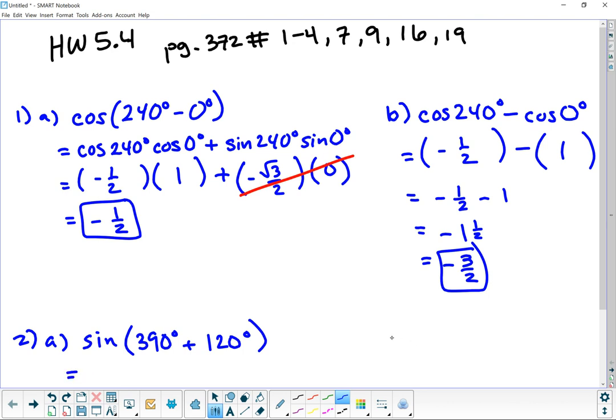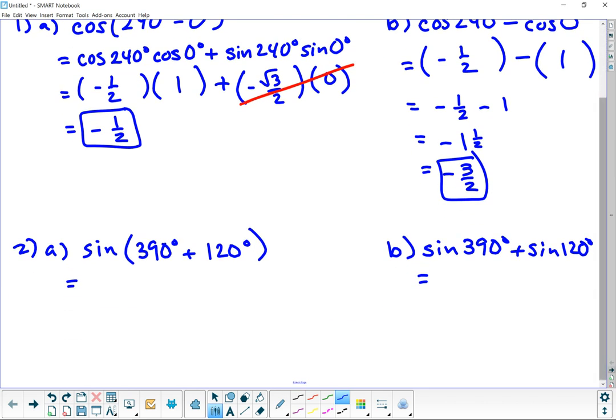And then part B is if you were to mess up and do a distributive property, and do sine of 390 and sine of 120. But keep in mind, it doesn't work that way, so don't do it that way. This is part B. We're just showing how it would look if you had done it the wrong way. So this is sine of 390 degrees plus sine of 120 degrees. We'll work on that in a bit.